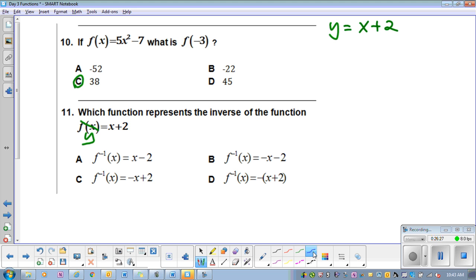So then this becomes x equals y plus 2. But do I leave it as x equals? No. You need to solve this now for your new y equals. So minus the 2, x minus 2 equals the inverse. So what is it? A, B, C, or D? Okay. A.